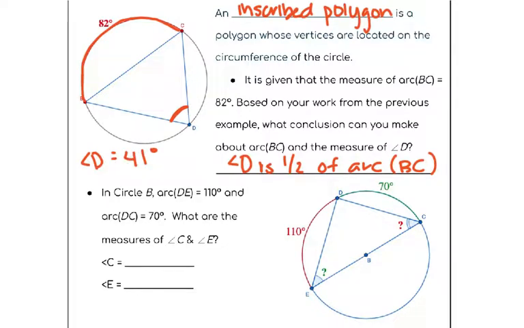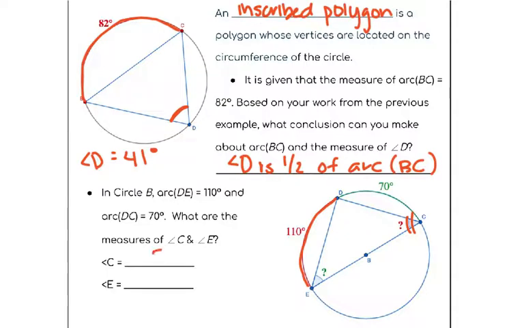Okay, so let's take that a little bit further. Here we have a circle, and we have arc DE, which is 110. So what does that mean angle D is going to be? Sorry, angle C, which is its inscribed angle. It should be half of that, right?